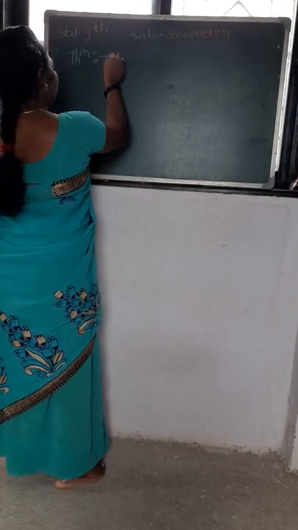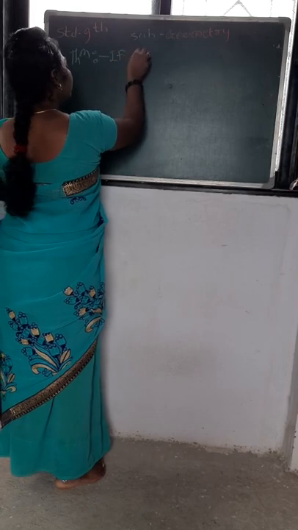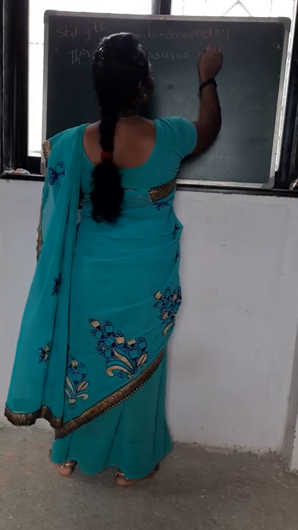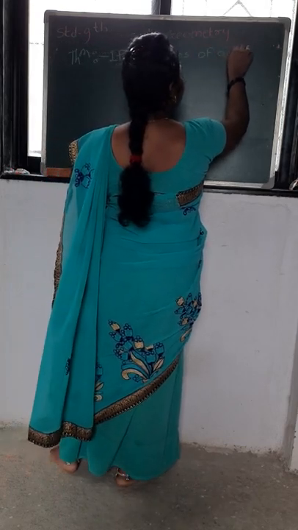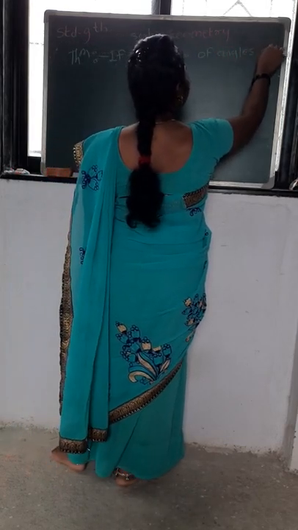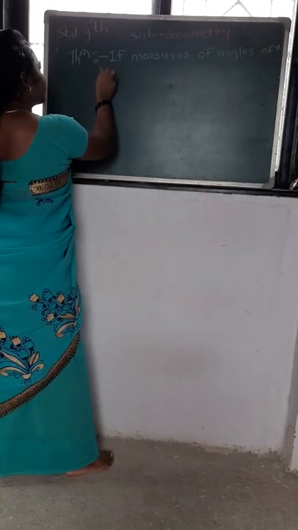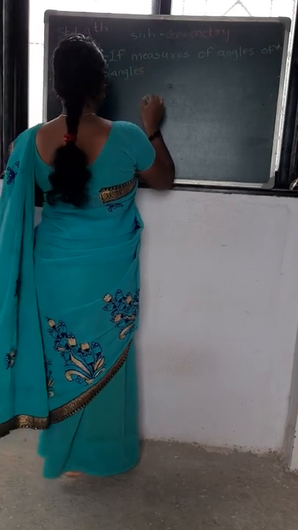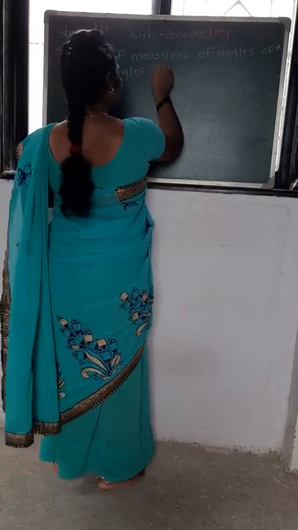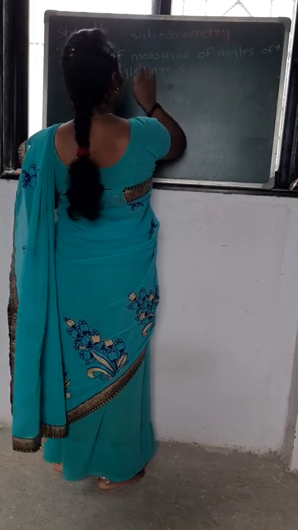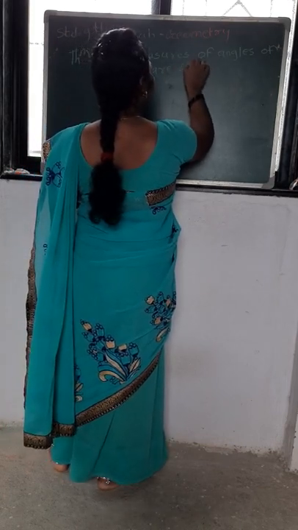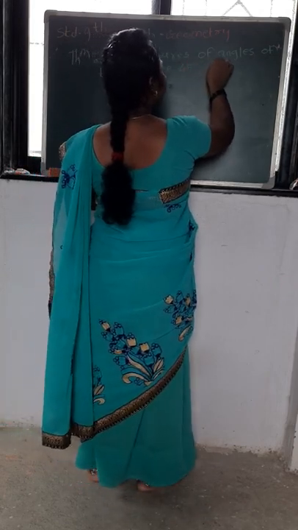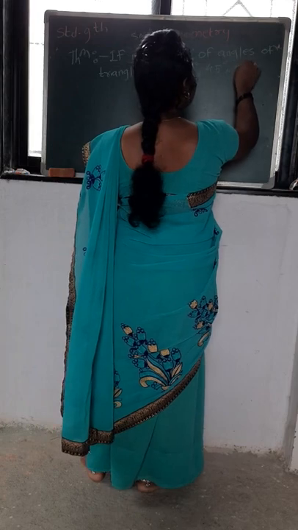The measures of angles of a triangle are 45 degree, second one is 45 degree, and third one is 90 degree.